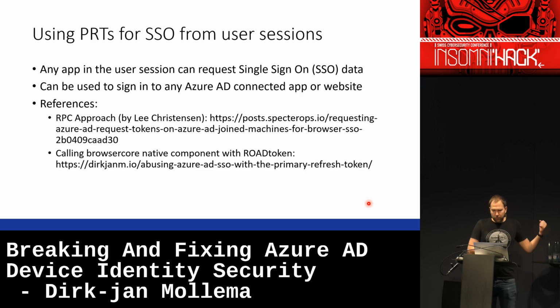So as attackers, there's multiple ways that we can actually do this. There are some links here about two different approaches, one by me, one by another researcher, about how you can request this single sign-on data if you are running on the operating system as a normal user. Then you can steal the single sign-on data to perform the sign-on somewhere else. That's as a limited user.